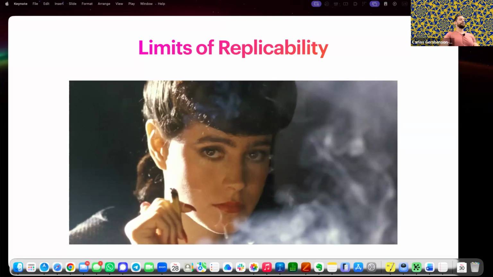I forget the name of this character, but she's a replicant. The replicants are these androids, that's how they call them. And it's a bit like a Turing test to see whether they're humans or not.